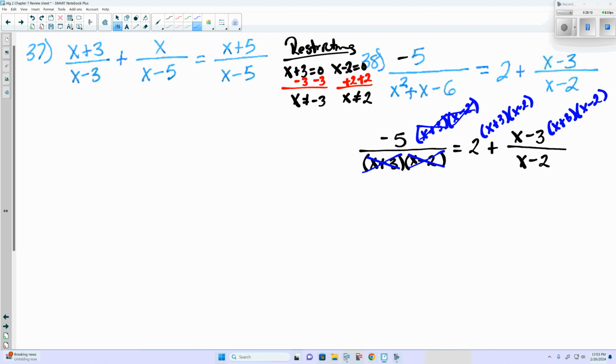Our middle term, the 2, nothing's going to cancel. But on our far right, the x minus 2 and x minus 2 would cancel. And what that leaves us with is, well, negative 5 is equal to 2 times x plus 3 times x minus 2 plus x minus 3 times x plus 3.